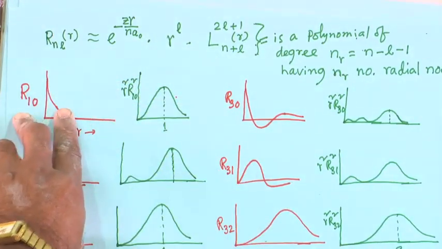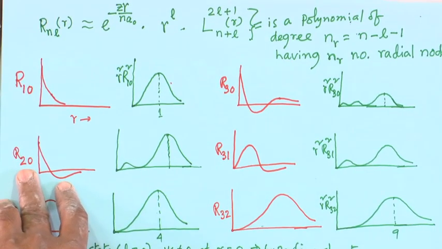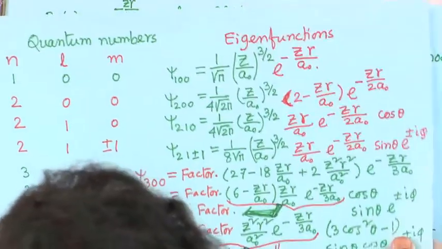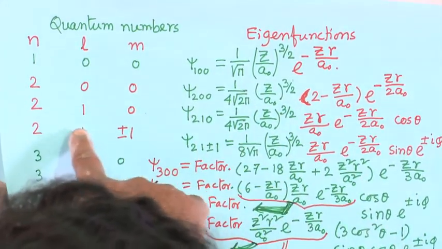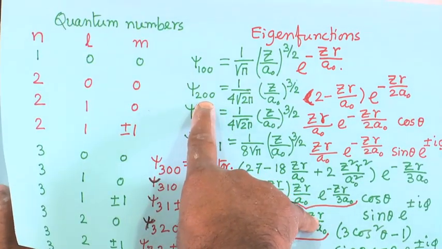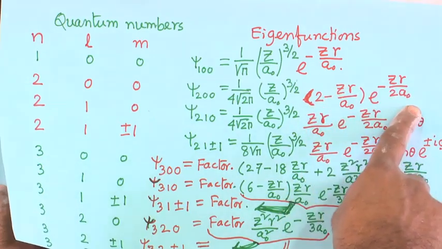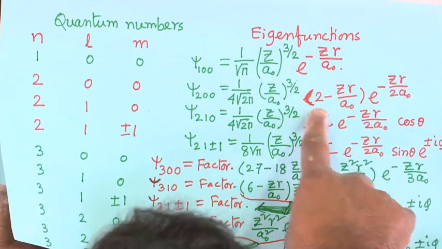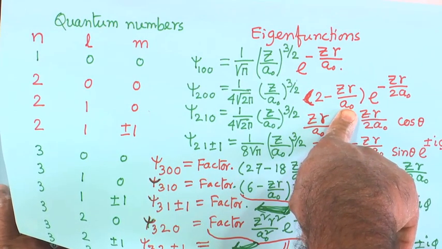Similarly for n equal to 2, l equal to 0, what is the form of R_nl? This is the r-dependent part, R_nl. It has the same exponential term, and another term, a linear term, is there.